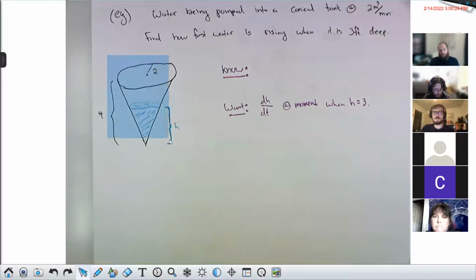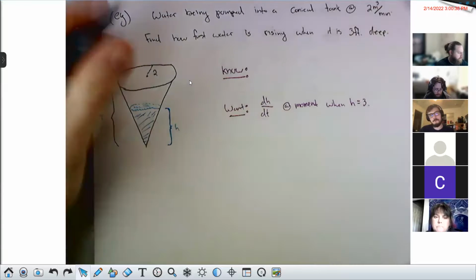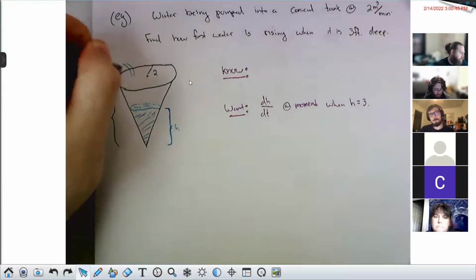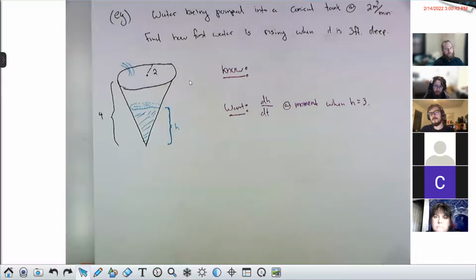Now, the volume of the whole cone, the volume of the tank isn't changing, right? This tank is not shrinking or stretching, but the volume of the water in the tank is changing because, I guess I should draw it, we're pouring water into this thing, right? Some guy up here is dumping in buckets, or there's a pipe pumping water in, something like that.